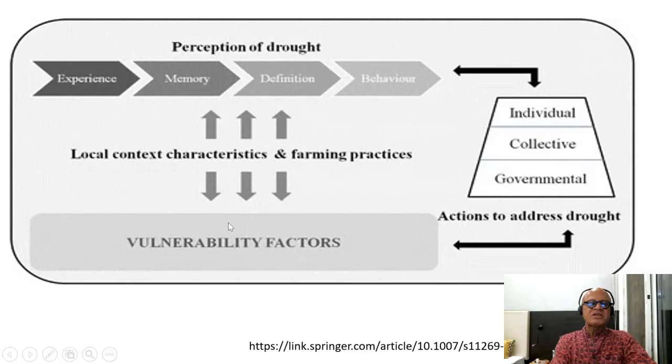And there are vulnerability factors. If you are a subsistence farmer depending on rain-fed agriculture, your vulnerability is going to be high, whereas if you have, let's say, subsidized electricity to mine groundwater and irrigate through a dry season, then maybe your vulnerability is low, and so on. So altogether, the actions to address drought by these individuals or collective action or governmental action are going to deal with these vulnerabilities.